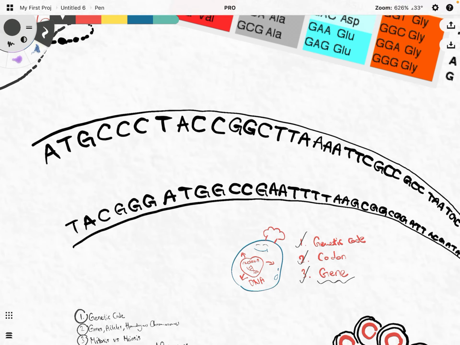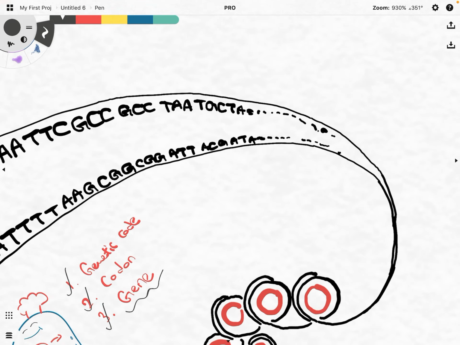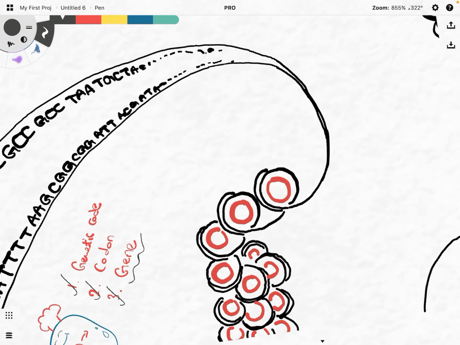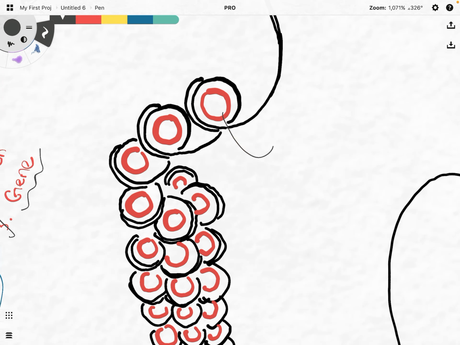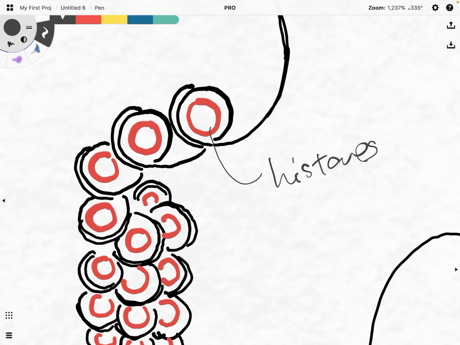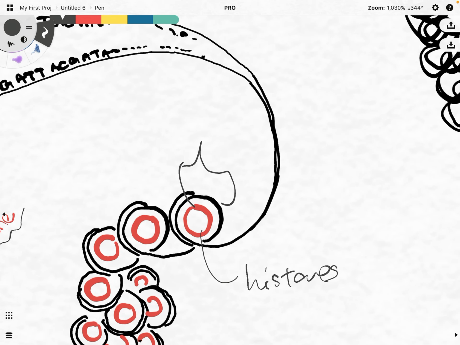But before that, let us do a quick recap of how we can package vast lengths of DNA into each nucleus. Firstly, we've learned that DNA strand is coiled around proteins, and these proteins we refer to as histones. For every amount of DNA that is wrapped around histones, we refer to this bead-like structure as nucleosomes.